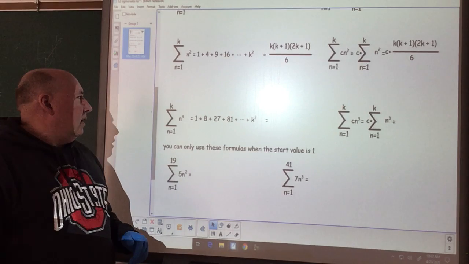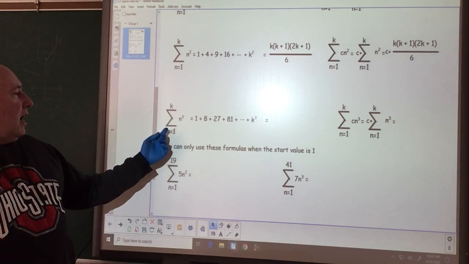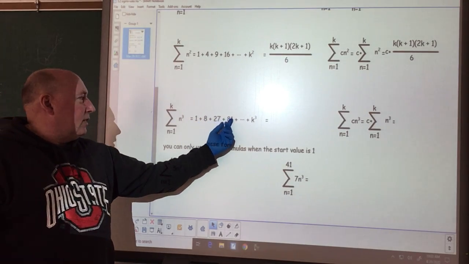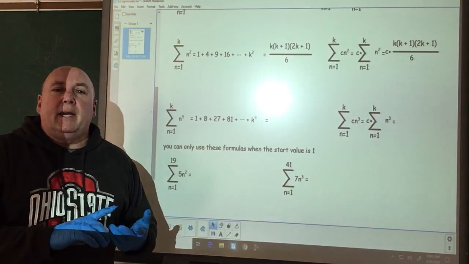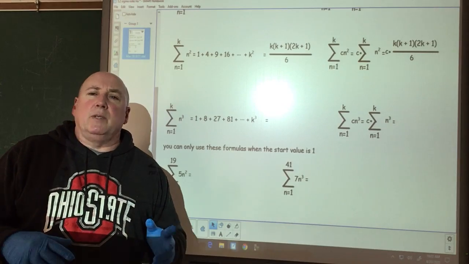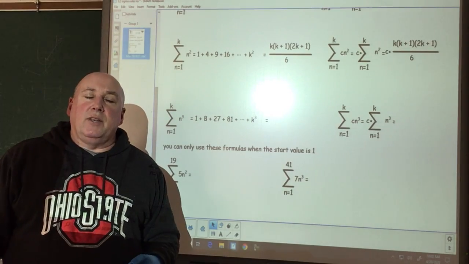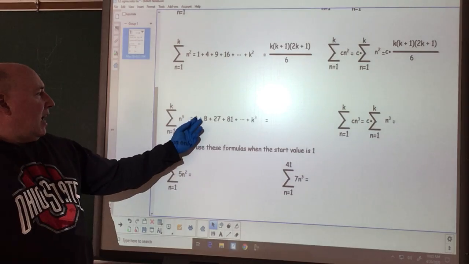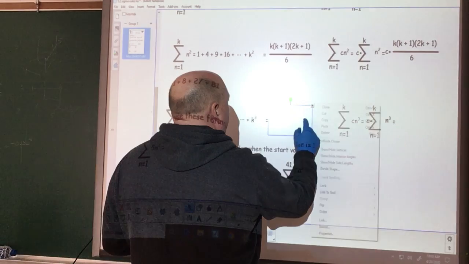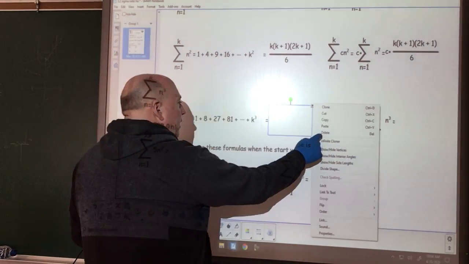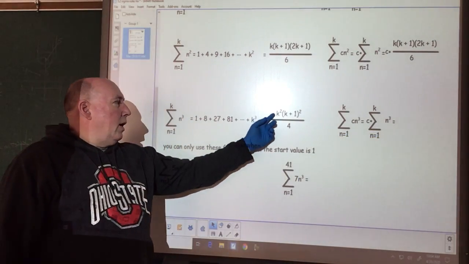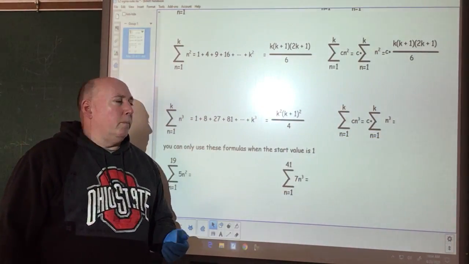When I have n cubed, so I have the cubes here, 1 plus 8 plus 27 plus 64. Once again, it's not arithmetic, it's not geometric. How do I deal with this? And if I'm going too fast, once again, hit your pause button and you can catch up. So if I want to find the series of my perfect cubes, this is equal to k squared times k plus 1 squared, all over 4.